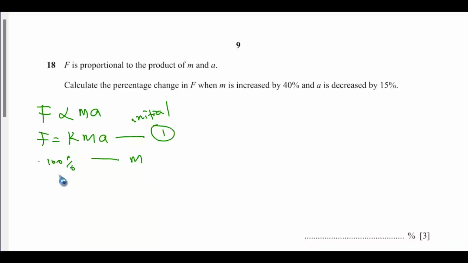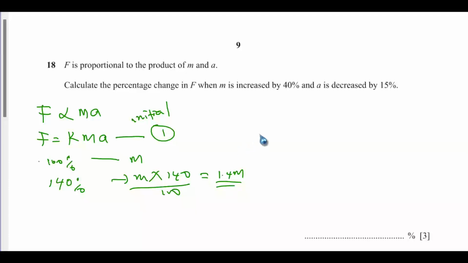When it is increased by 40%, that means at 140%, so it will be m multiplied by 140 then divided by 100. This will give us the new value of m to be 1.4, so it will be 1.4m. That will be the new value of m.